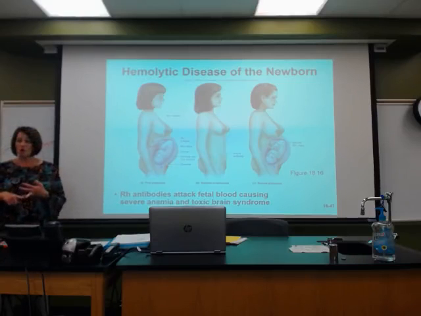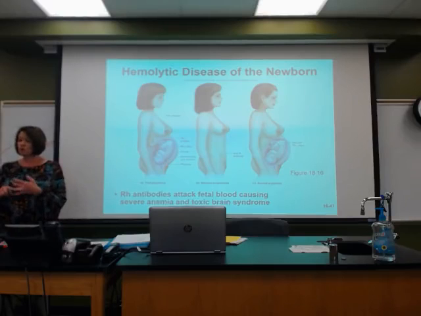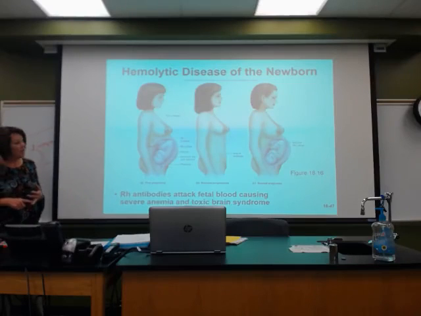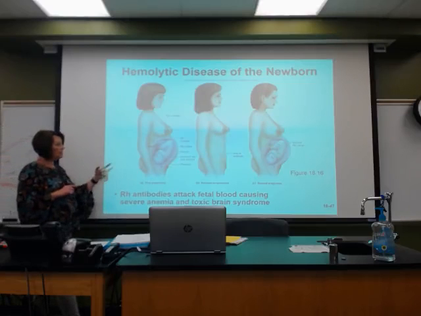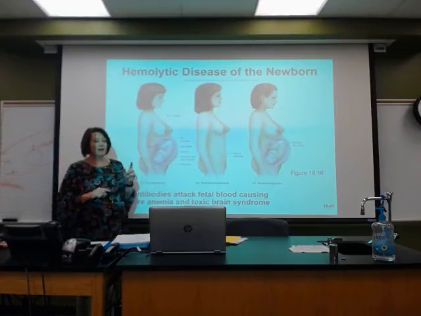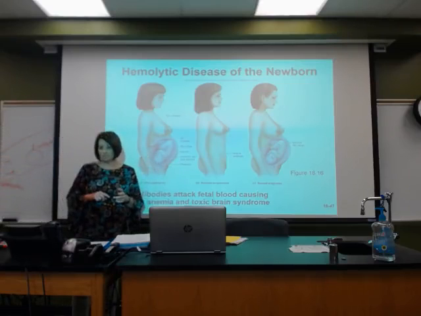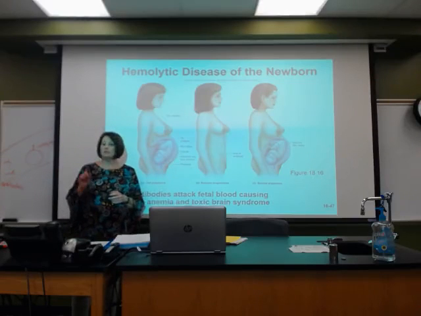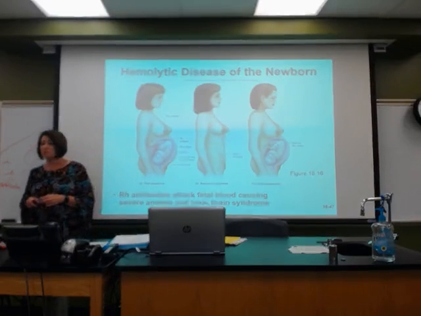Those cross the placenta, and because they cross the placenta, that is where we see it attack the offspring. The attack comes by way of agglutination, the clumping of those red blood cells.